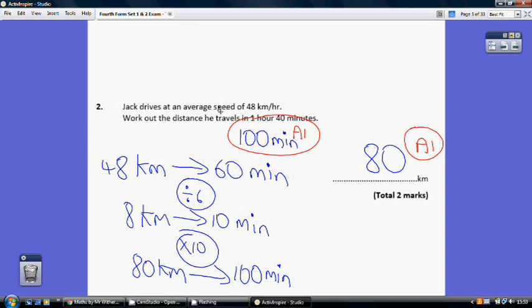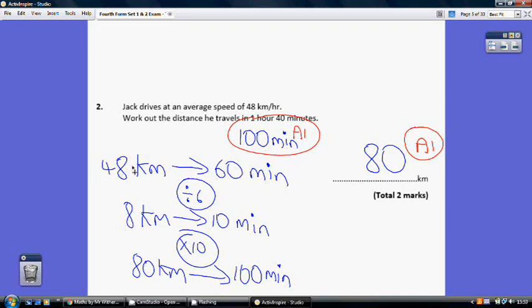So traveling at an average speed of 48 kilometers per hour, we go 48 kilometers in an hour, or we go 48 kilometers in 60 minutes. But we're traveling for 100 minutes, so we need to scale this up to see how many kilometers we would go in 100 minutes. So you could divide this by 60 to take you back to 1 minute and multiply by 100, or you could do what I've done.